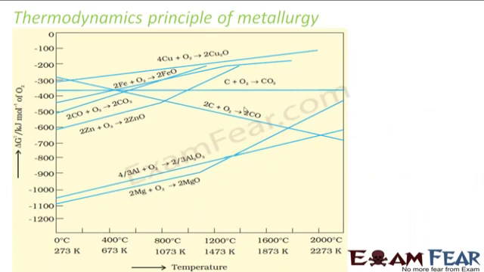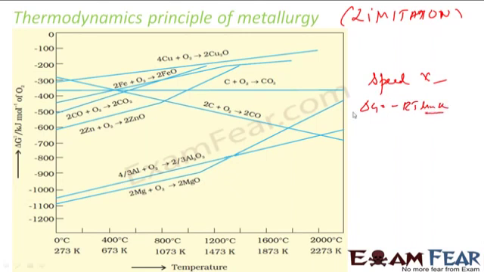Now we'll discuss some of the limitations of this Ellingham diagram. Right? The first is, it tells whether the reaction is feasible or not, but it does not tell anything about the speed of the reaction. Speed of the reaction is something which it does not tell. Also, delta G is minus RT ln K. This is the formula used to find delta G, right?